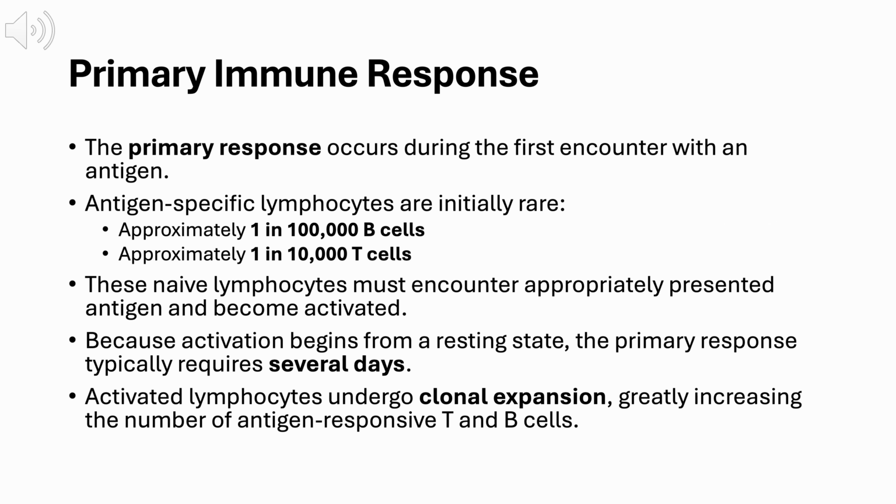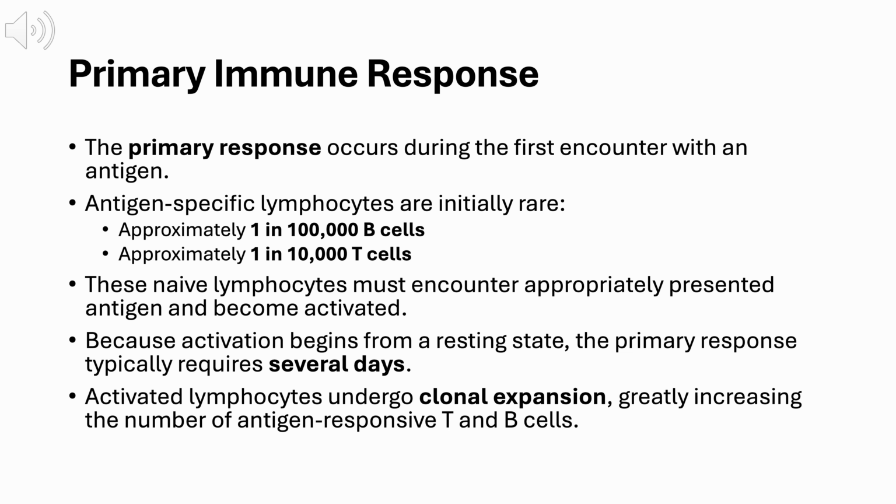Let's examine why the first encounter with an antigen is so slow. The primary response occurs during that initial exposure, and it faces a numbers problem. Antigen-specific lymphocytes are initially rare, roughly 1 in 100,000 B cells, and about 1 in 10,000 T cells carry the receptor for any given antigen.